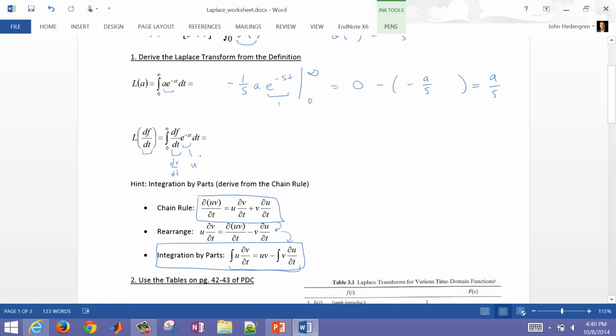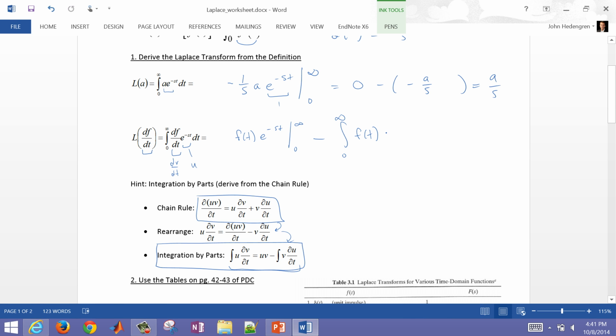When I write this out, that's equal to f of t times e to the negative st, integrated from 0 to infinity, minus the integral from 0 to infinity of v, which is f of t, times du dt.